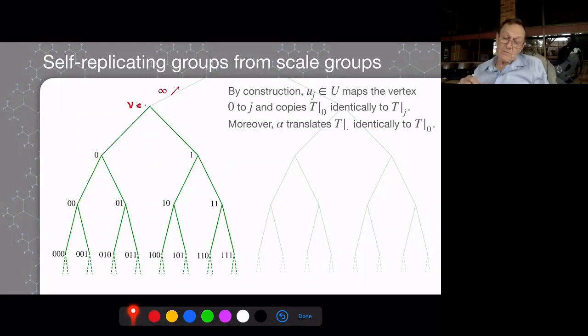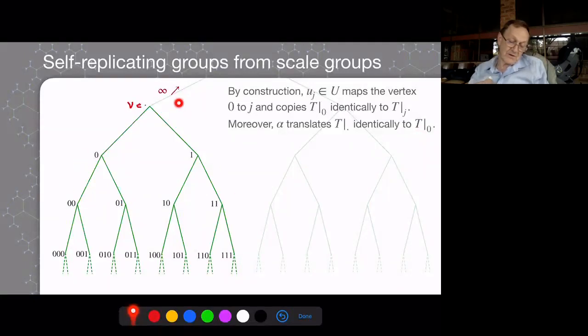Now, by construction, Uj maps the vertex 0 to the vertex 1, and it copies the tree below 0 to the tree below 1, simply by changing the first symbol in the string from 0 to 1. All the other symbols stay unchanged. And alpha translates this tree, which I'll denote as t sub dot, identically to the tree below 0.